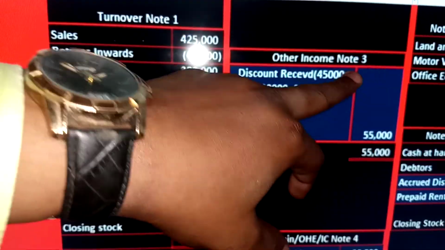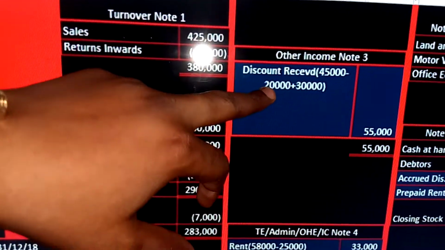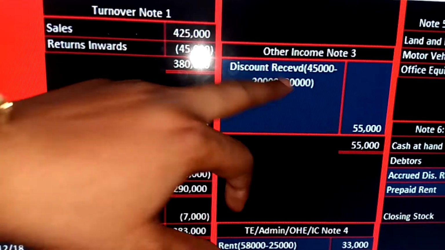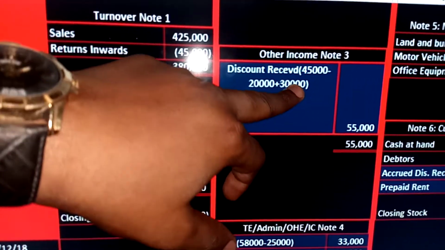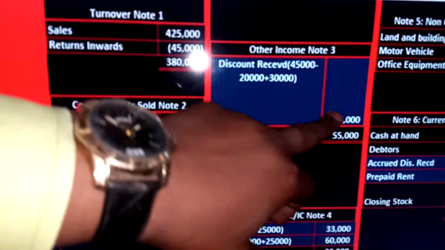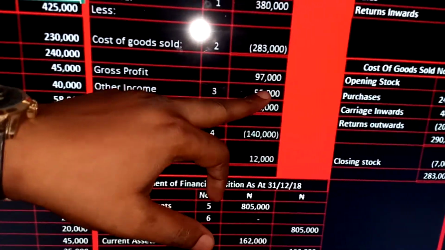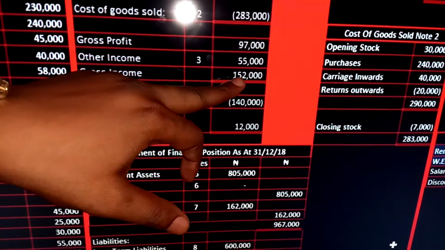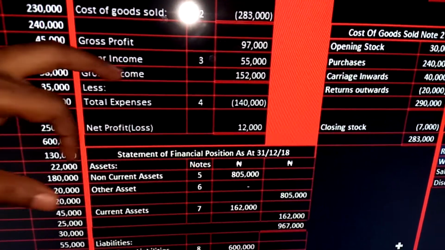Discount received 45,000 minus 20,000, which is the discount received accrued at start, plus 30,000 discount received accrued at end. That is 55,000. That's what we have here as other income, 55,000. So if you add 55,000 to 97,000, you have 152,000. That's your gross income.